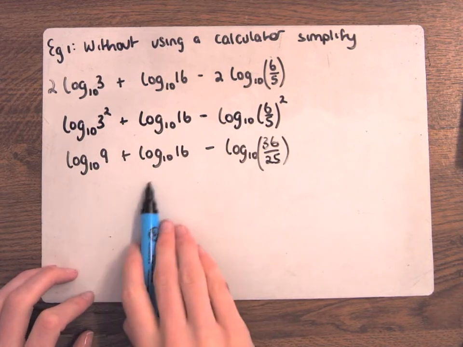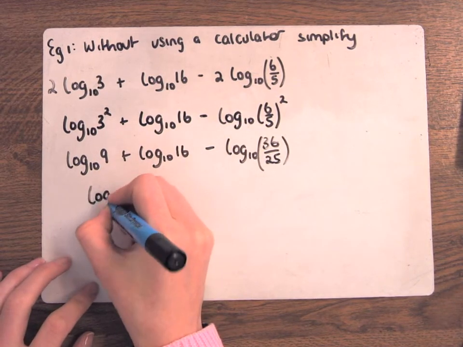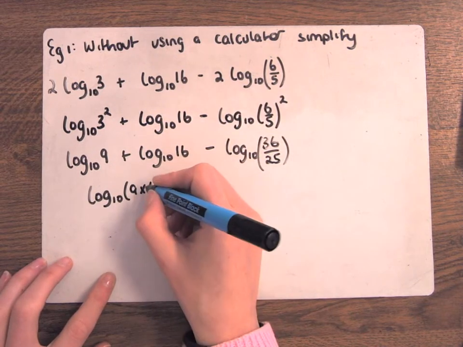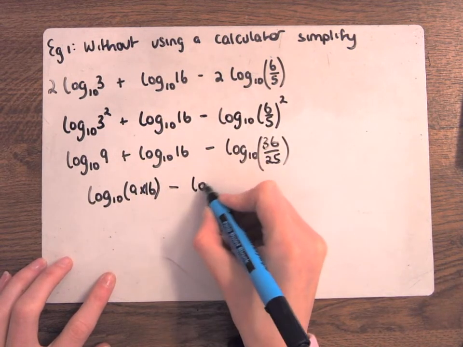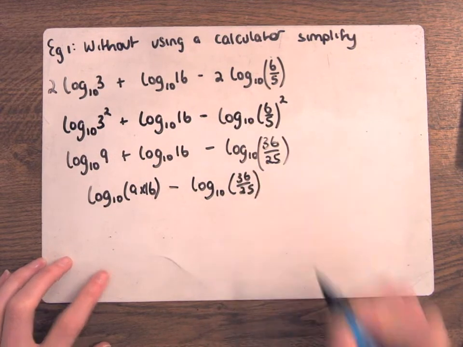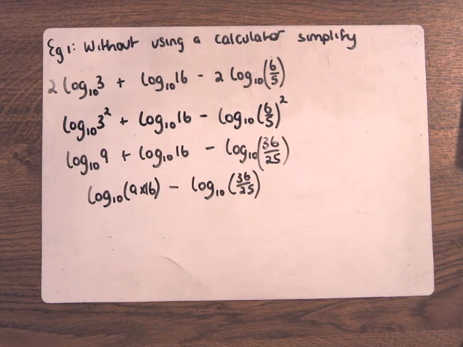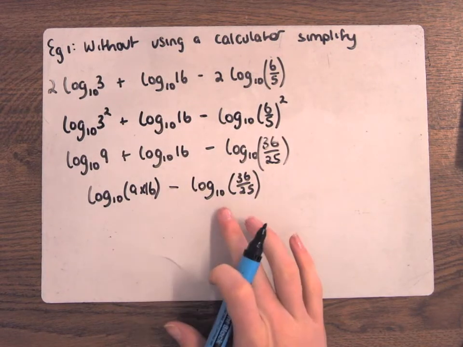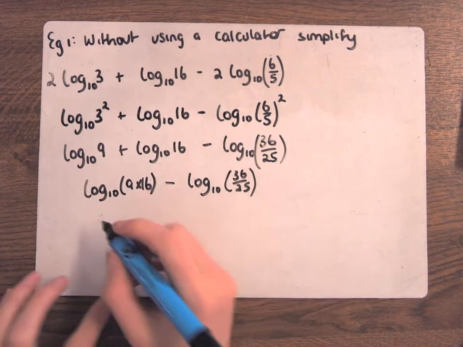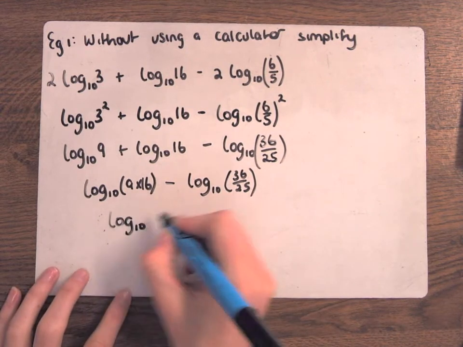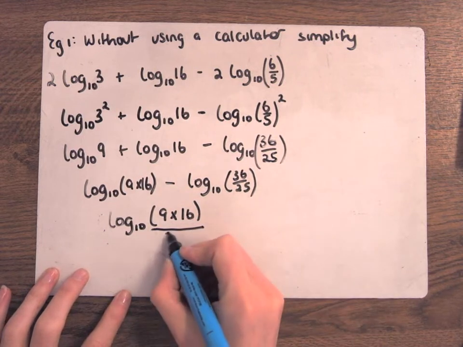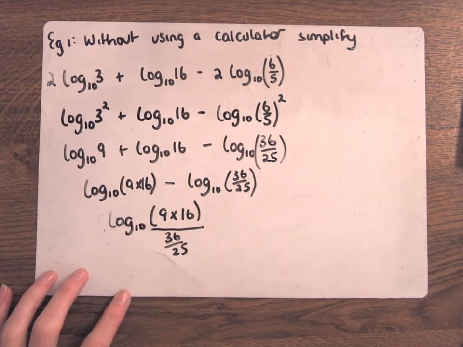What do I do with them? Multiply, lovely. And I'm minusing 2 logs with the same base. Divide, lovely. So log to the base 10 of 9 by 16, whatever that is, over 36 over 25.